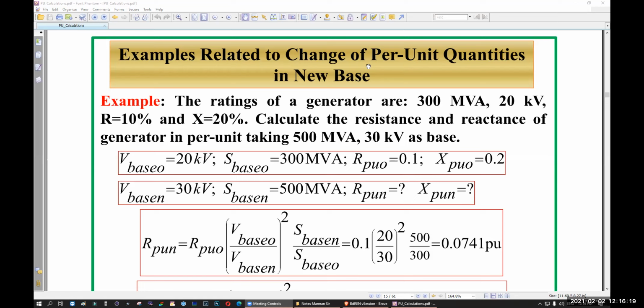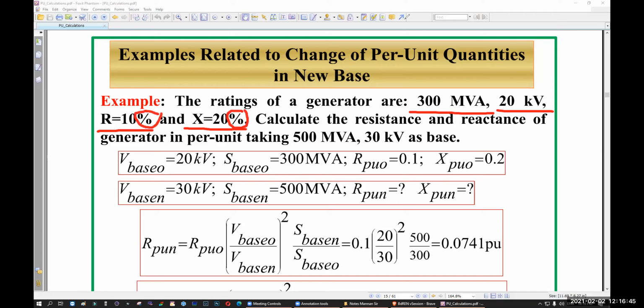Again, the ratings of a generator are 300 MVA and 20 kV, right? So these are ratings, of one generator: 300 MVA, 20 kV, and R is equal to 0.1 per unit. X is equal to J0.2 per unit. These are all per unit because these are all percentages, right? Remember, percentage means per unit.